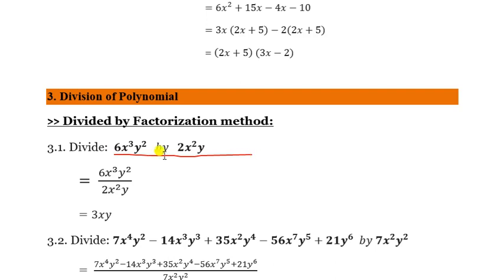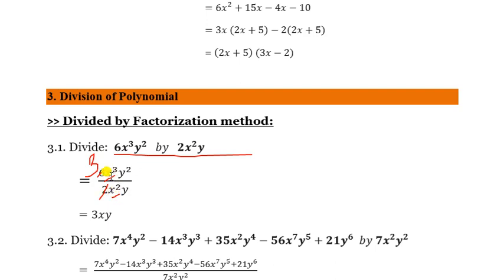See, 6x cube y square by 2x square y. So 2 and 6 we can simplify, it will be 3. Here x cube is given, but here x square is given. And I said when it is a division, for any variable you have to subtract the exponent from the larger exponent.